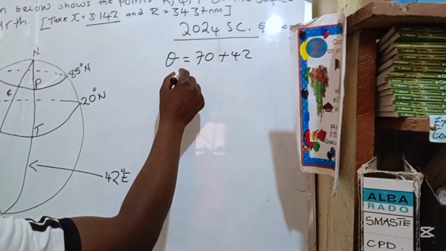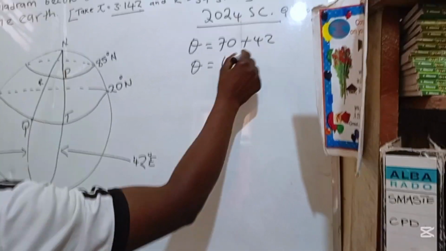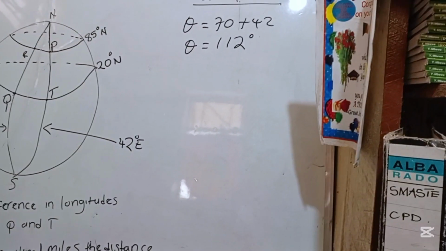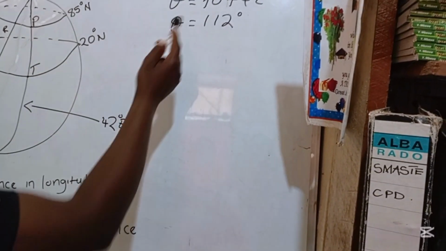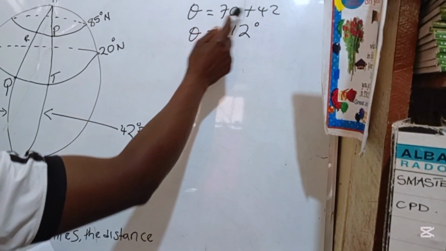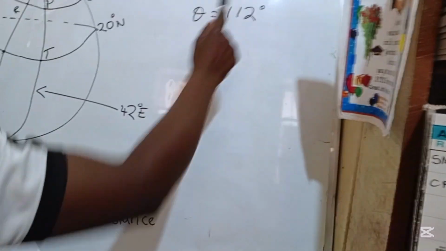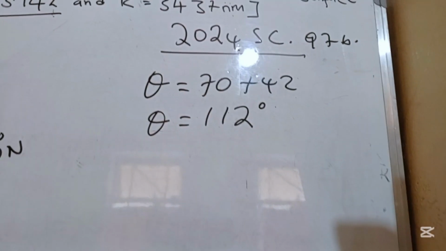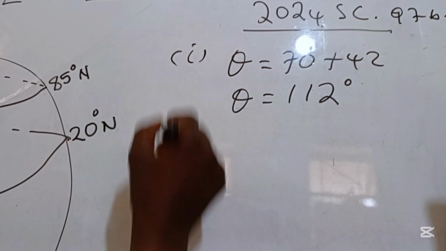You agree with me that when you do it correctly, you are going to have 112 degrees, and it is very, very important for us to show your addition here, 70 and 42. Why have we added? I said this is found in the west, the other one is found in the east, so we tend to add them. So that is the difference in the theta, and that is the 7a part 1.